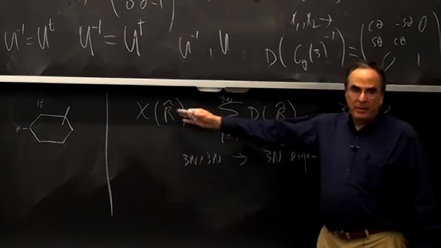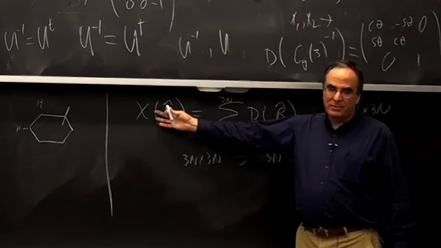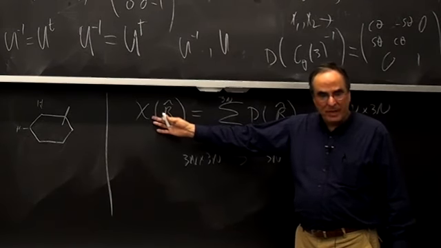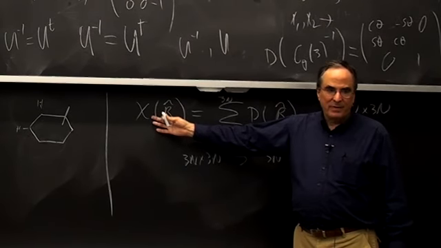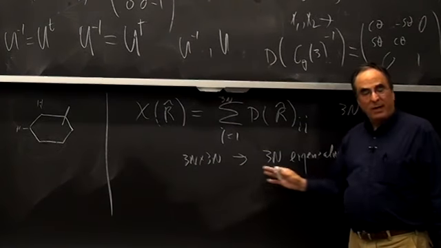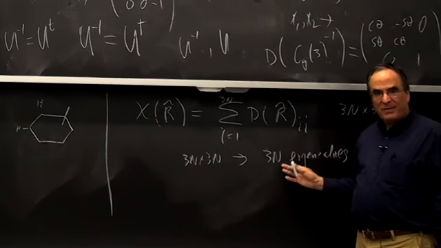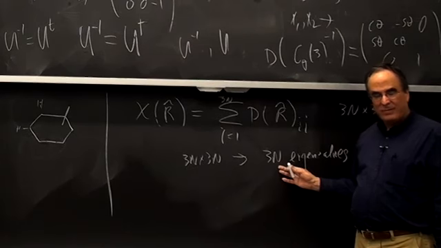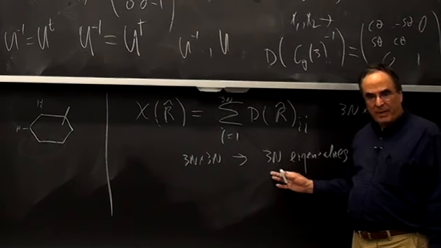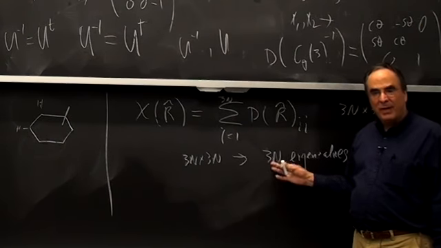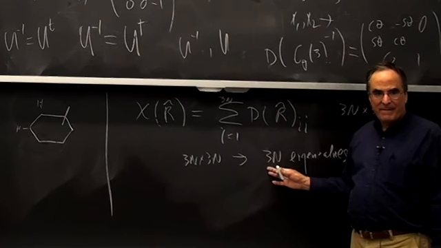You perform a similarity transformation on that matrix, it'll have the same 3n eigenvalues. The trace of a matrix is invariant under similarity transformations. It's just the sum of the eigenvalues. The determinant of a matrix is invariant because it's the product of the eigenvalues.